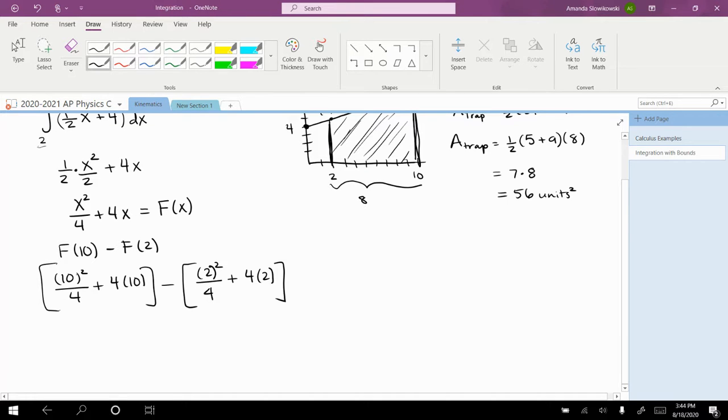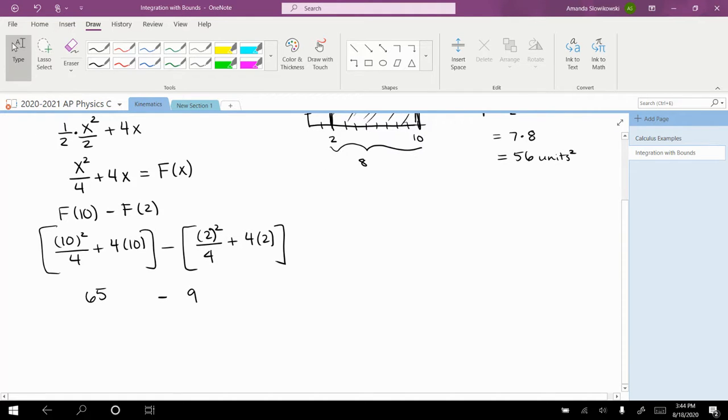All right, and so this is basically 100 over 4, which is 25. 25 plus 40 is 65, right? And then we're going to subtract, this becomes 4 over 4, which is 1, 1 plus 8, which is 9, and 65 minus 9 is 56, just like we said it was going to be over there.